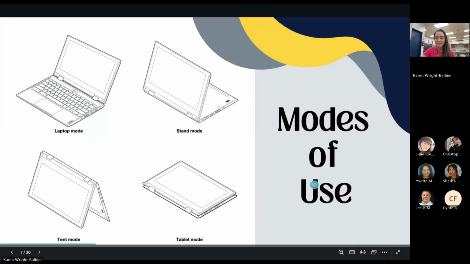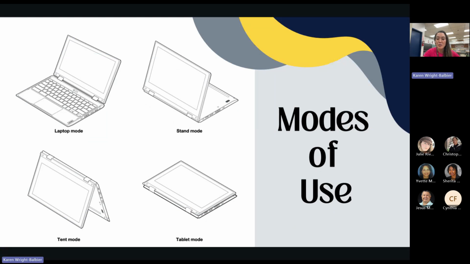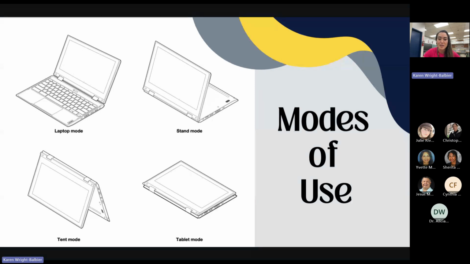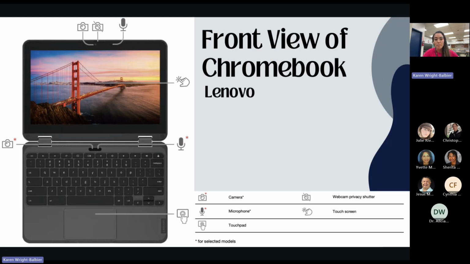Okay, so stand mode was the one that I wasn't sure about. So 4 modes of use. I think it's really important that you're talking with students about the mode that you're okay with in the classroom. There'll be times for sure that laptop mode is going to be the most productive mode, and there'll be times where tablet mode might be more of an expectation.